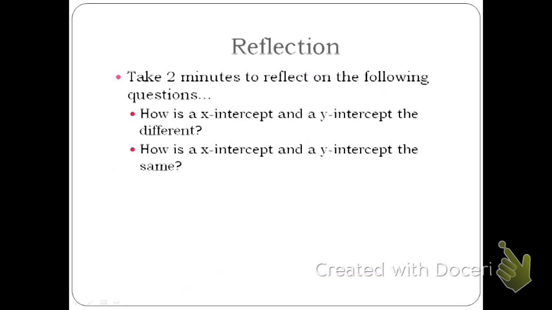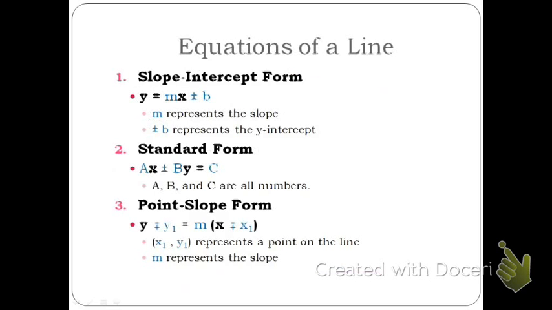So let's take 2 minutes to reflect on the following questions. How are x and y intercepts different? Well, x-intercept is on the x-axis and y-intercept's on the y-axis. So how are they different?